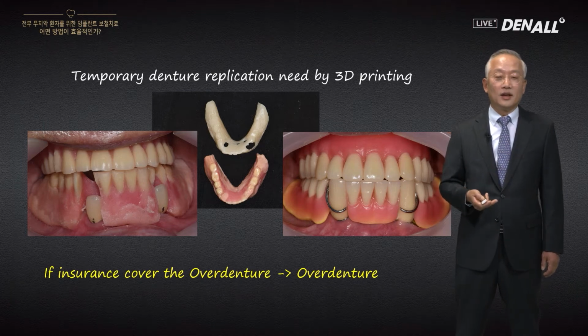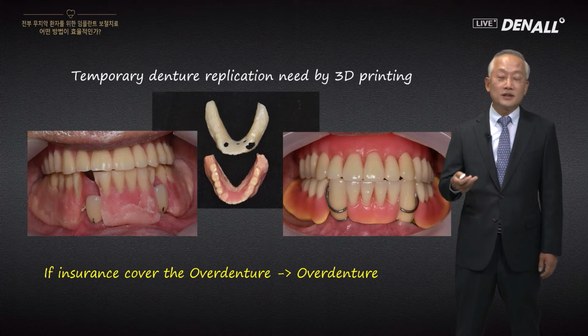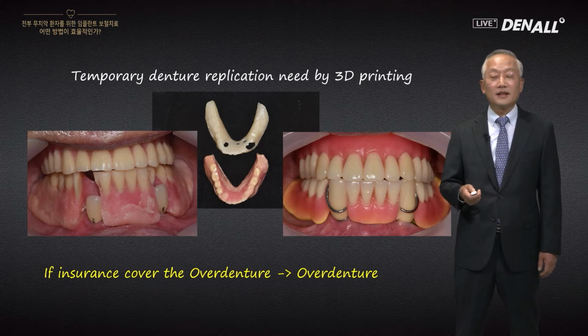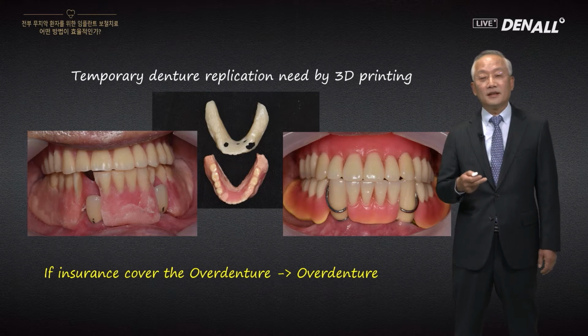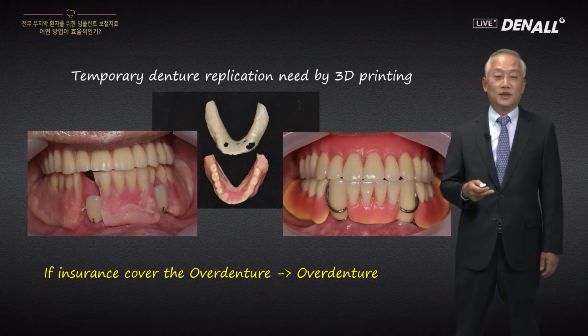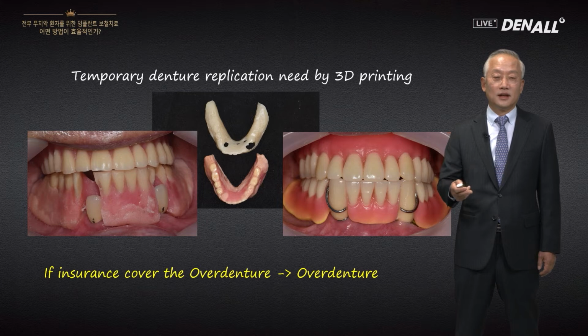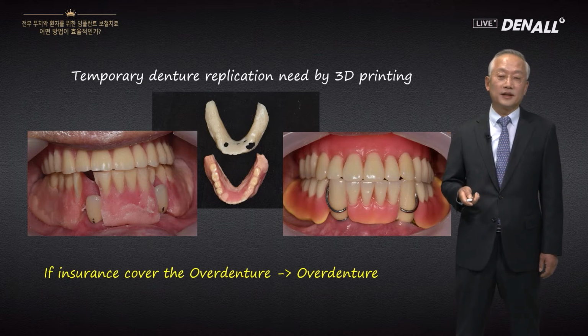If overdenture can be insured from patient and for surgeon perspective, it will be preferred over other options. Under current insurance conditions, splint bar overdenture is very efficient and attractive option.